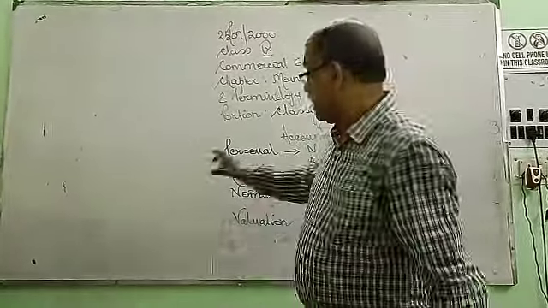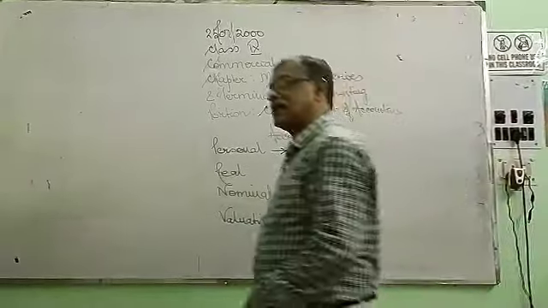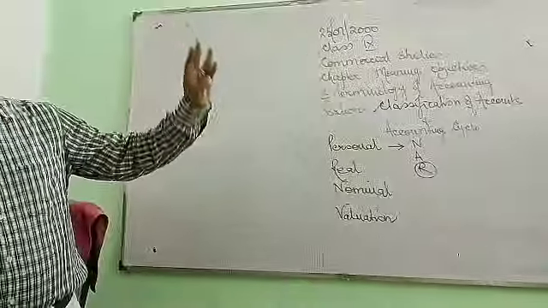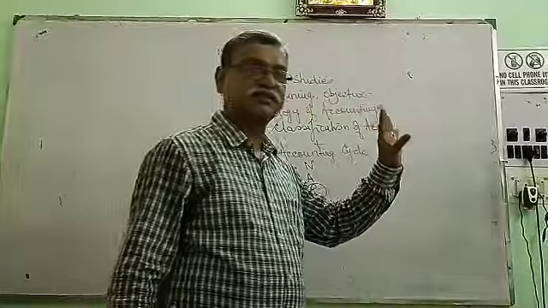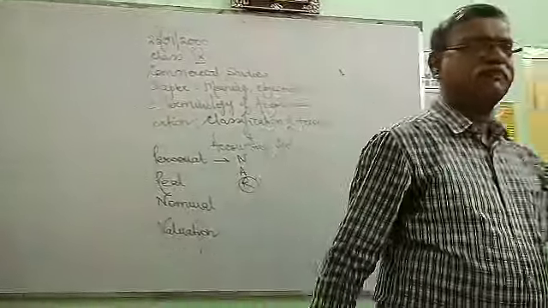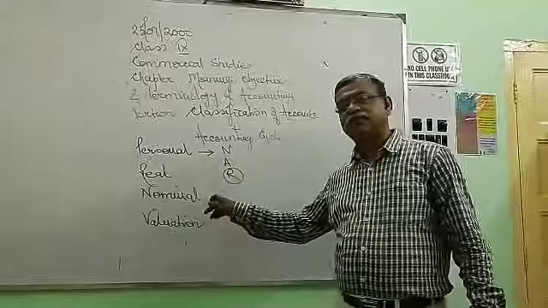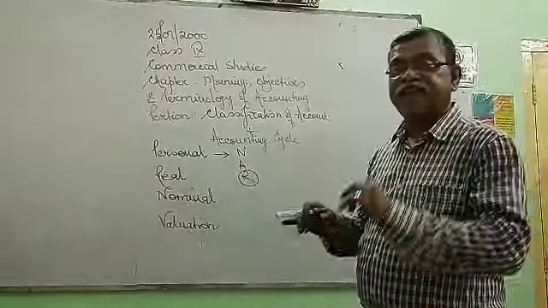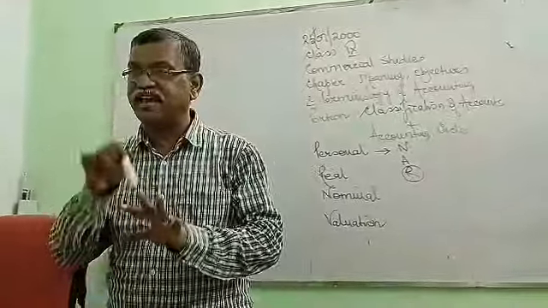Right, children? Next we come to nominal. Now nominal accounts deal with all expenses, losses, incomes and gains. Just for the time being, remember this, because within a day or two, I will be giving you the explanation of the terms expenses, losses, incomes and gains.